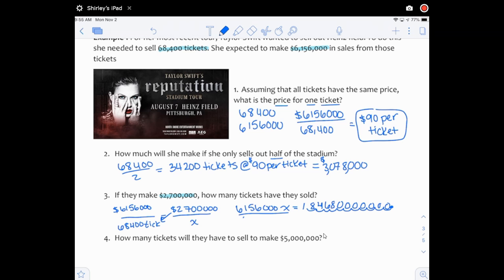And then I'm going to divide. And we get that x is equal to 30,000. Oh, sorry, we're talking about tickets. 30,000 tickets.